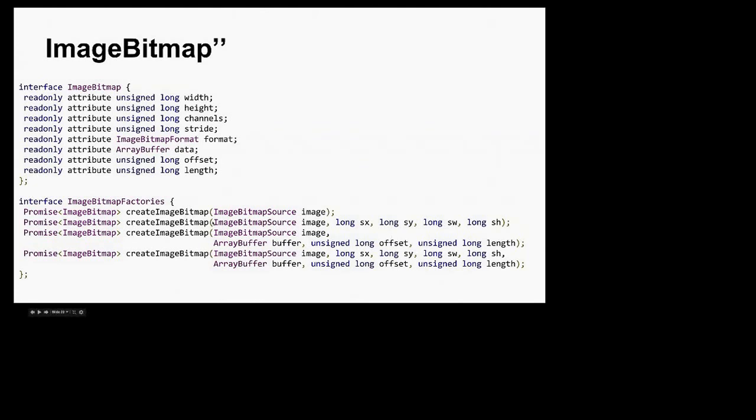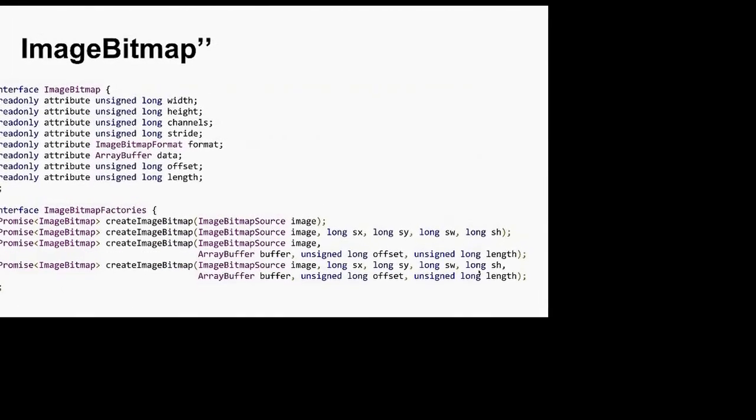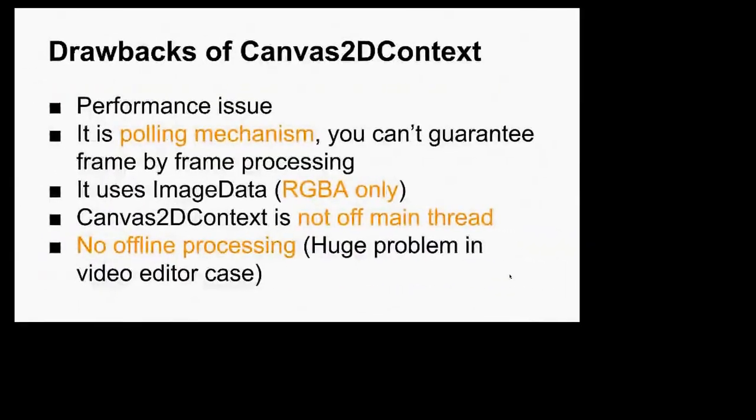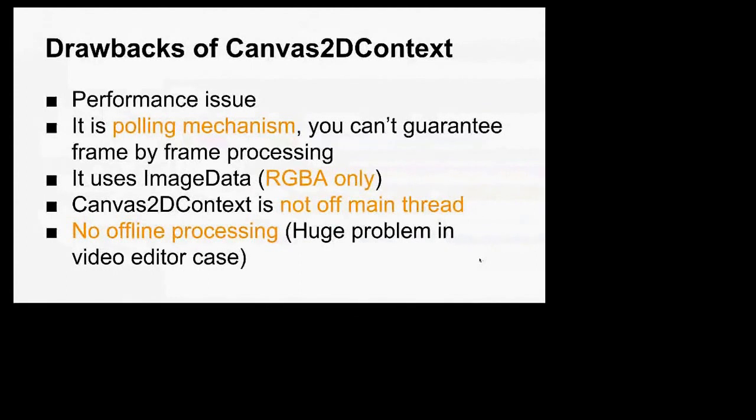And now we extend these 2 methods with 3 extra parameters, which are the array buffer, the offset and the length, to describe where the external memory is.